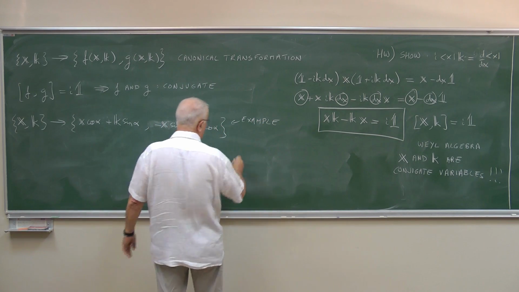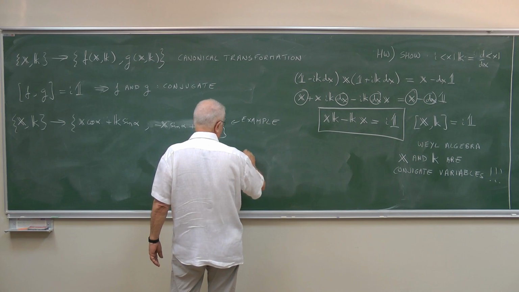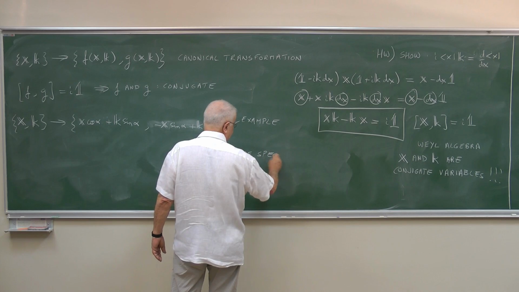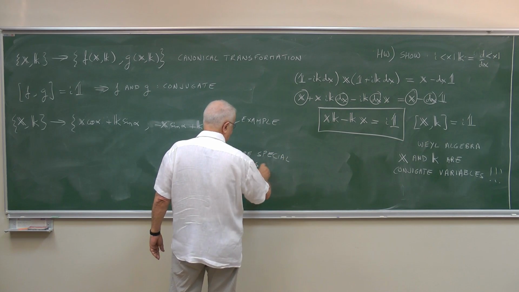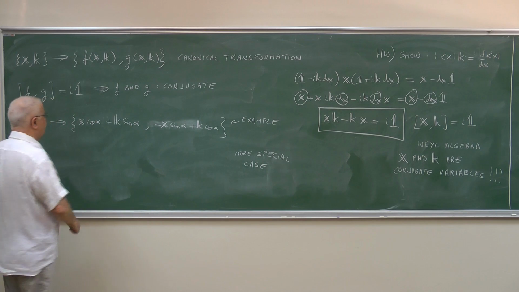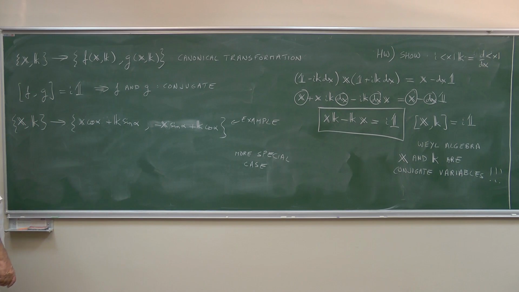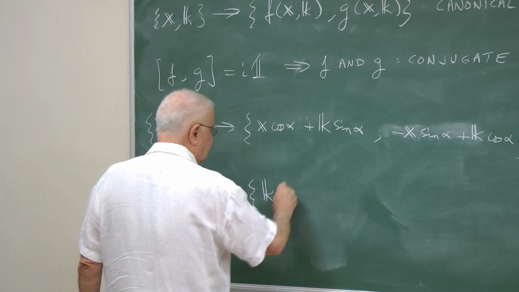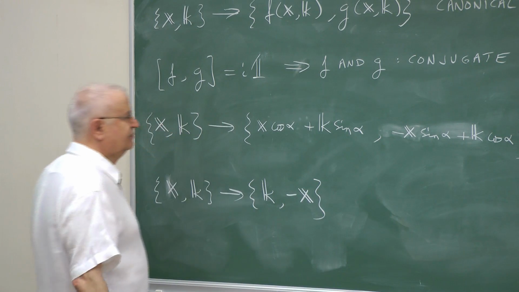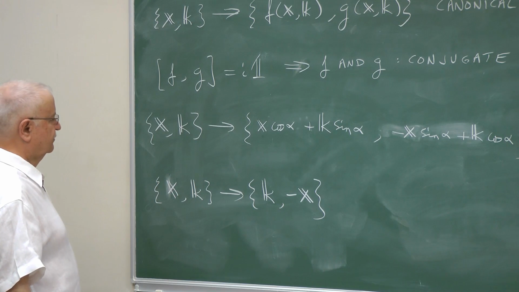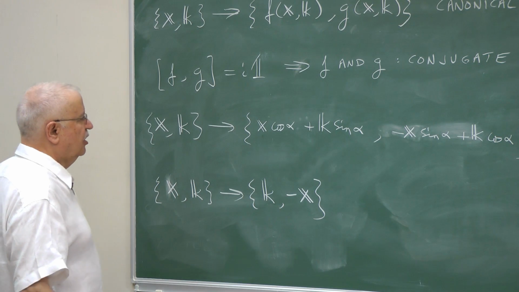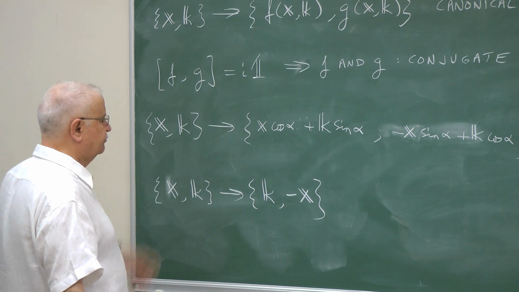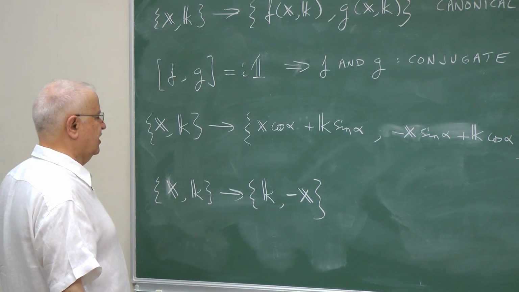A more special case would be where alpha is a simple minus 90 degrees: x, k goes into k, minus x. So that's alpha equals 90 degrees, special case.